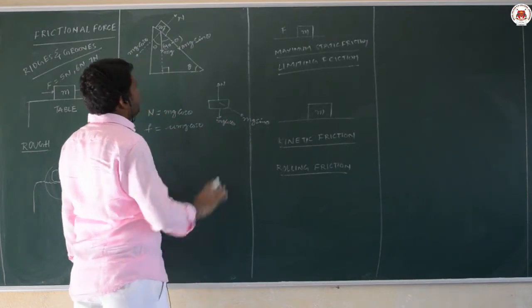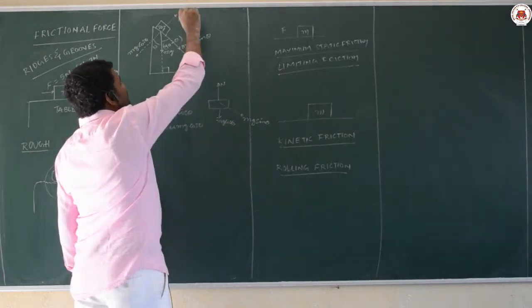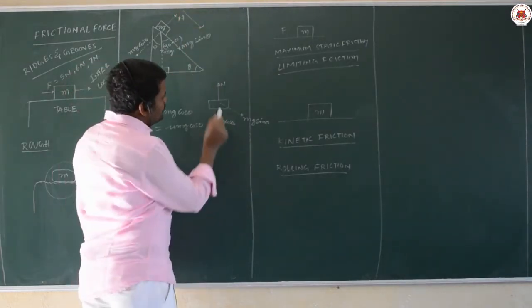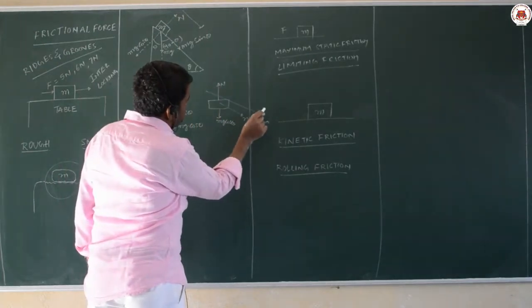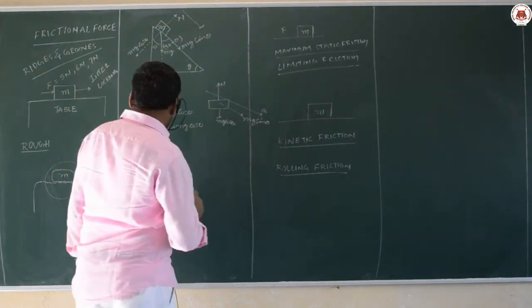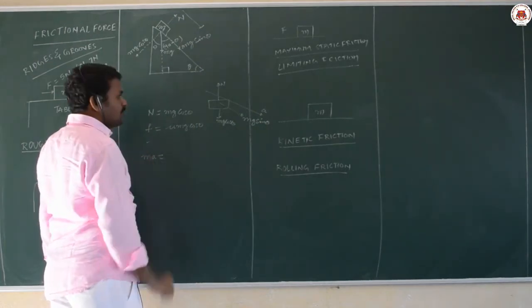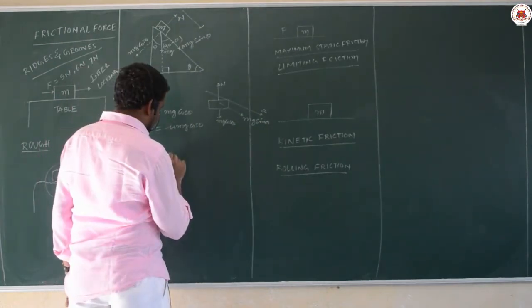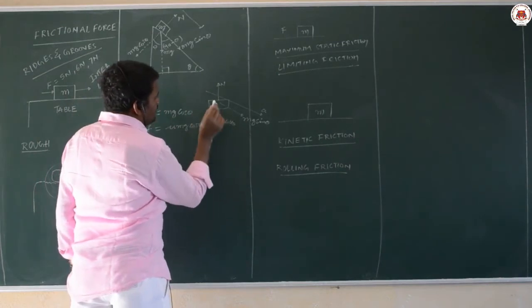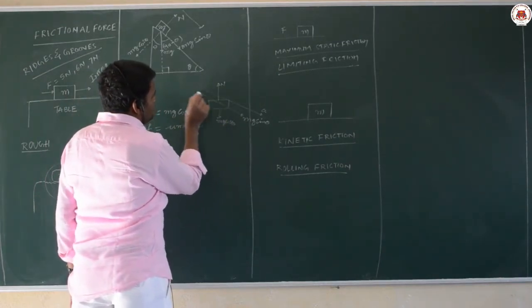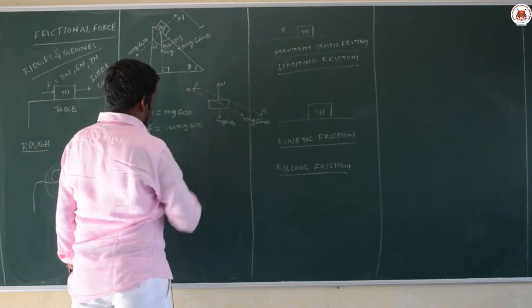Now assume that the body is moving down, so acceleration is in this direction. According to Newton, m into a is the net force. When the body is moving in this direction, frictional force acts in the opposite direction.